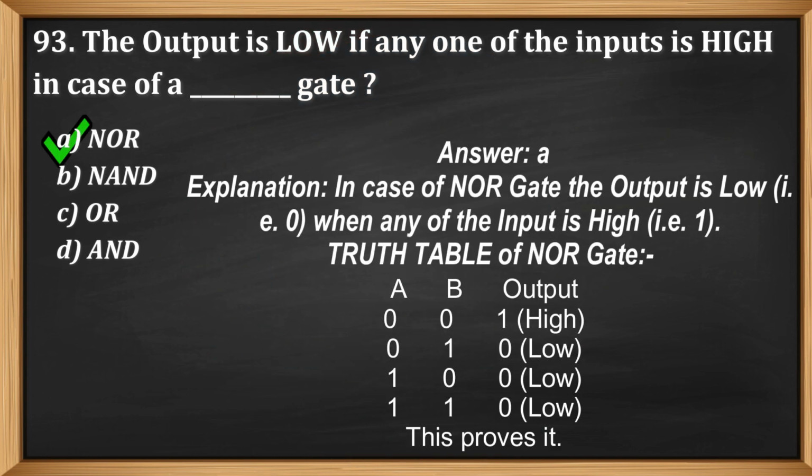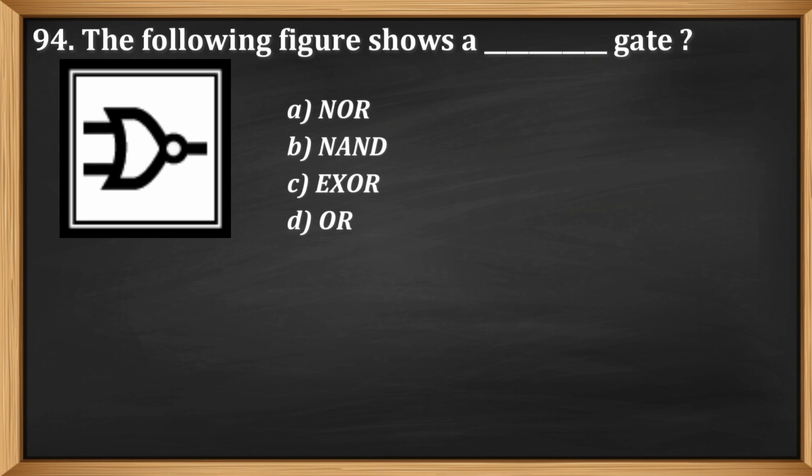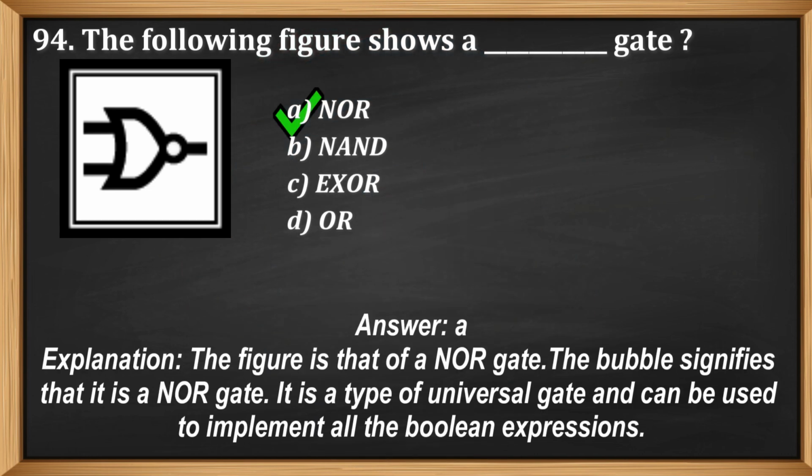The output is low if any one of the inputs is high in case of a dash gate. Option A, NOR. The following figure shows a dot gate. Option A, NOR.